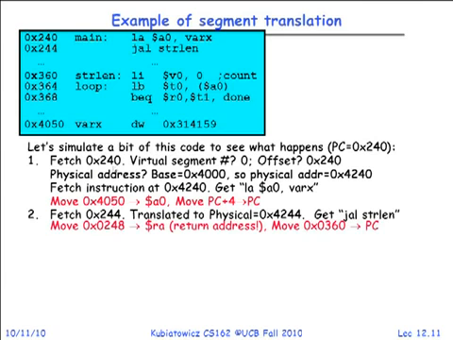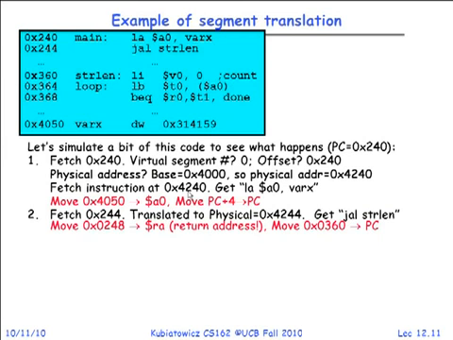Let's see if we go a little further. The next thing we're going to do is jump and link, JAL, to string length. That's down here. So that means we're going to jump to the virtual address 360. Notice we're going to fetch this instruction first, 244, and translate it to 4244. Hopefully we won't have to go through that again, just like we translated to 4240. We pull this instruction out.